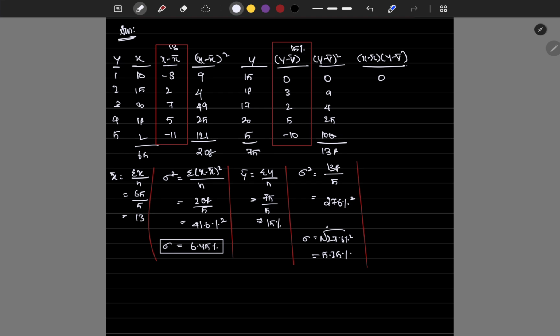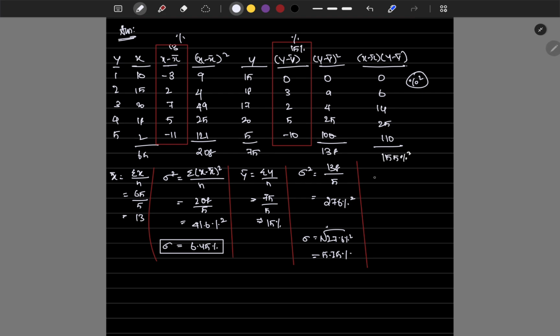So minus 3 into 0 is 0, 2 into 3 is 6, 7 into 2 is 14, 5 into 5 is 25, minus 11 into minus 10 is 110. These things will be in percentage square, since if you multiply percentage by percentage, it will be percentage square. So 6 plus 14 plus 25 plus 110, which is 155 percentage square.